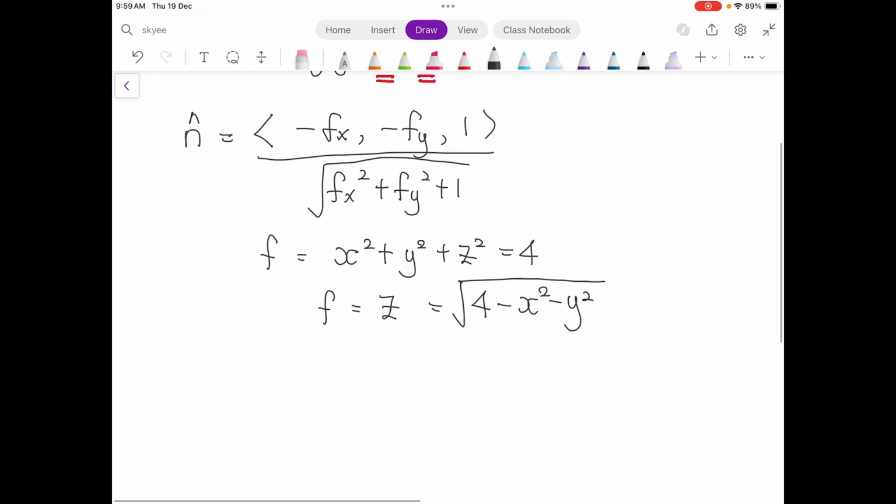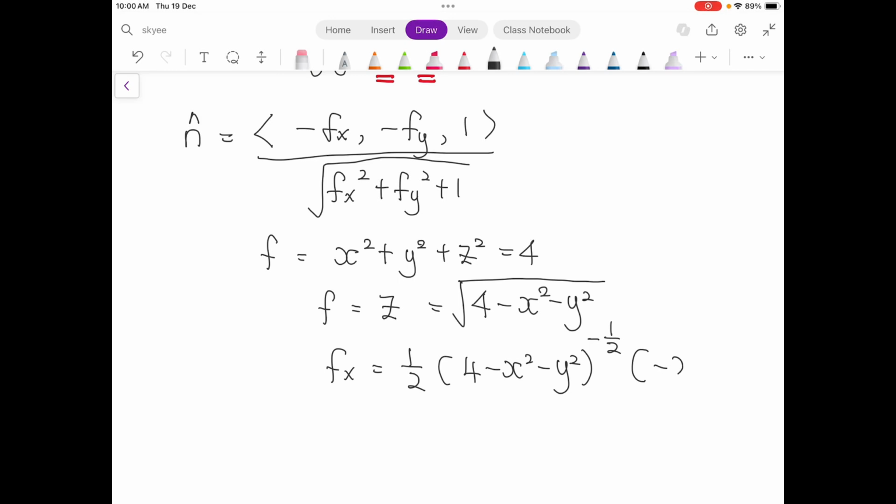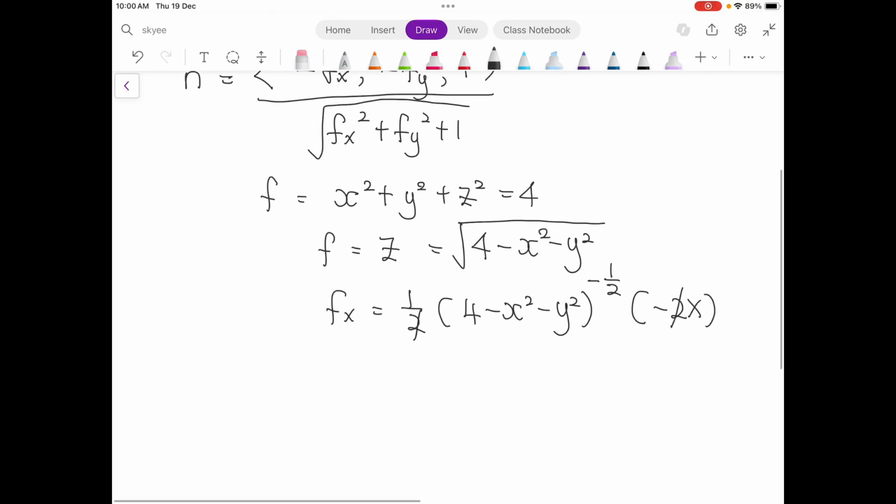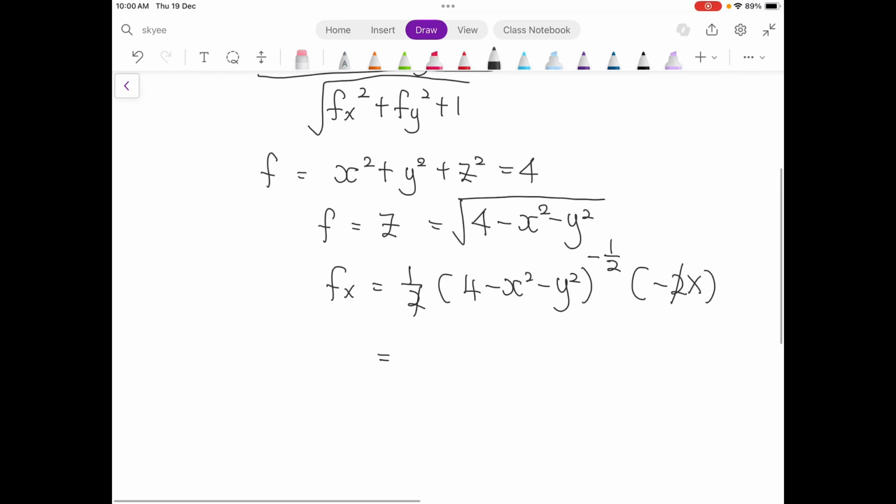Now let's find fx. fx equals 1 over 2 times 4 minus x squared minus y squared, to the power of minus 1 over 2. Then you differentiate with respect to x, you get negative 2x. When you simplify, you get negative x divided by the square root of 4 minus x squared minus y squared.